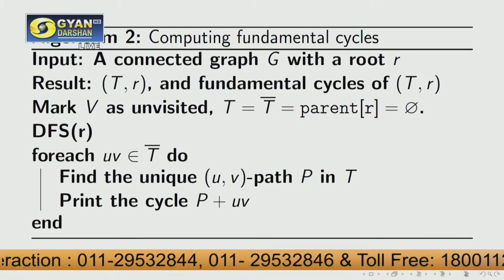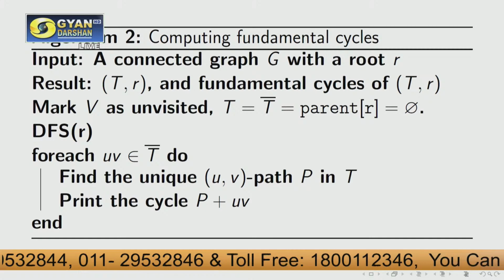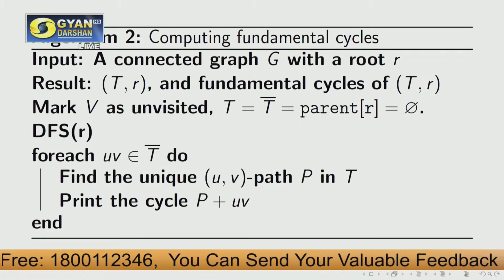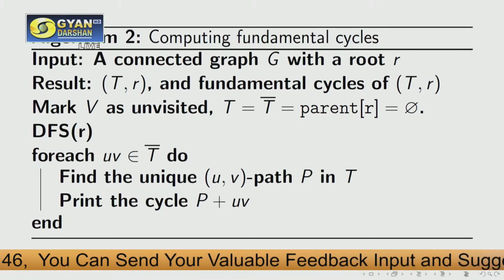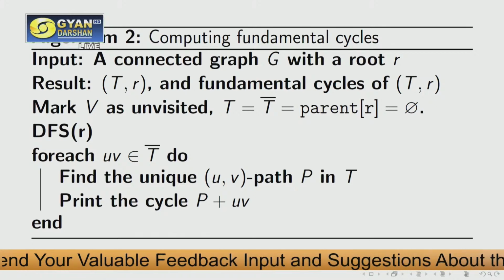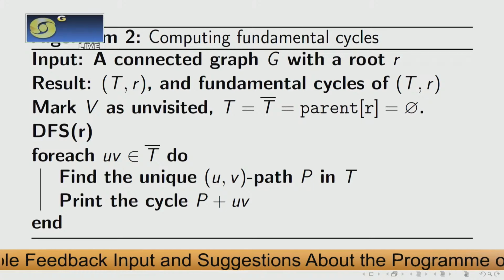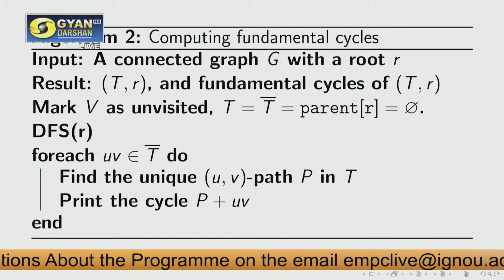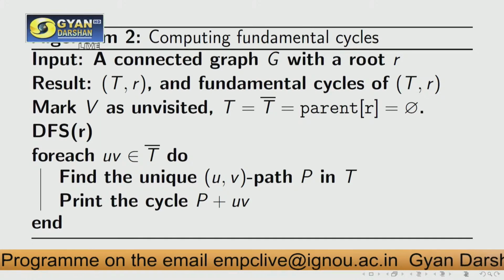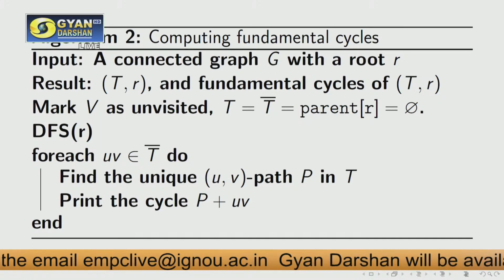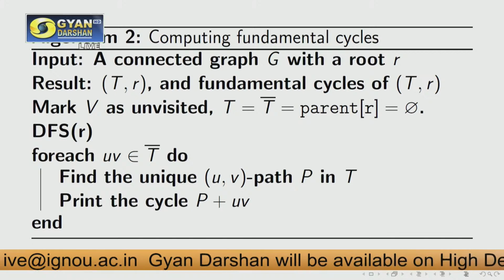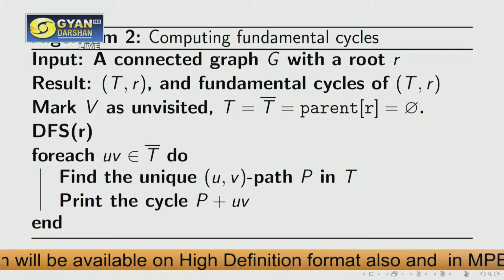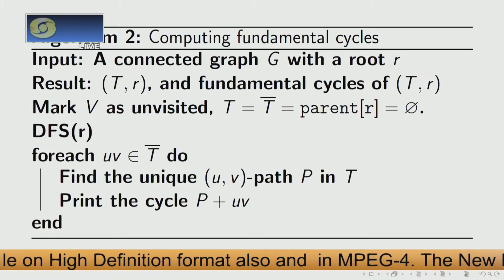Here we take three lists: T, T bar and parent. T is the list which contains the edges of the spanning tree. T bar is the list which contains the edges not in T, that means edges that are not part of the spanning tree. And parent is an indexed list, so it just stores the parent of each vertex. Initially T and T bar are empty and parent of R is also empty. The root vertex has no parent.